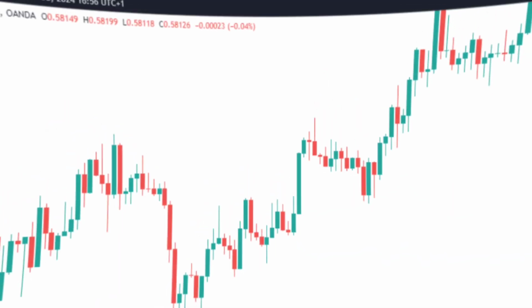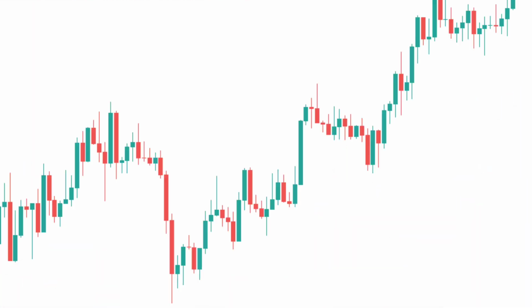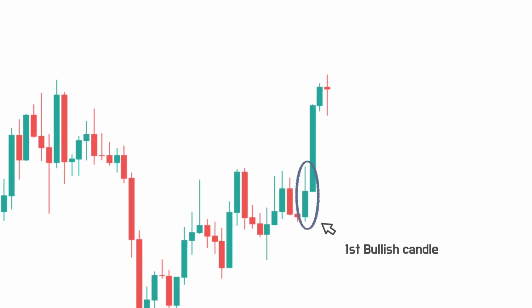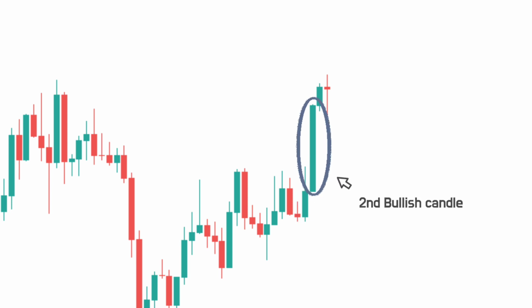Here is an example of a chart with a fair value gap in an uptrend. As you can see, the first candle is bullish, indicating an uptrend. The second candle is a large bullish candle, indicating a strong upward momentum.